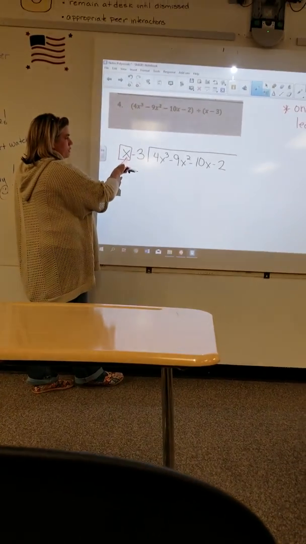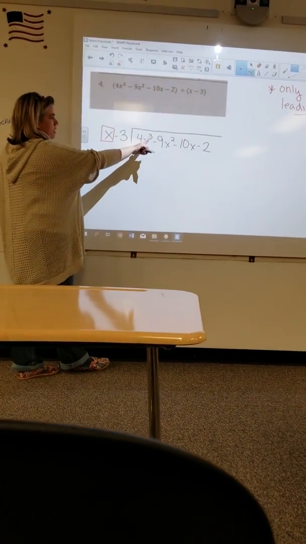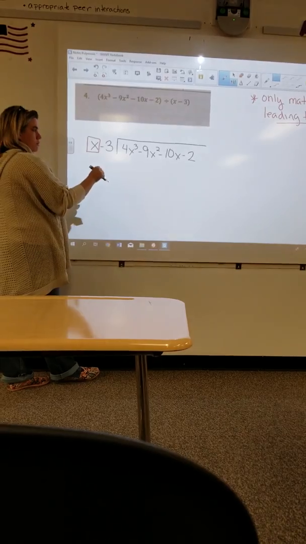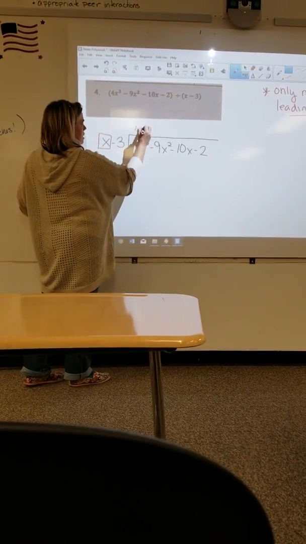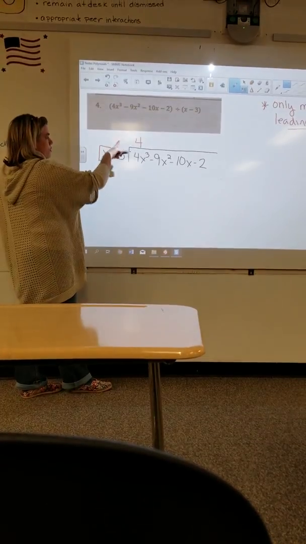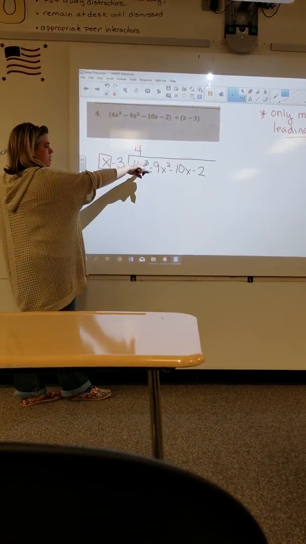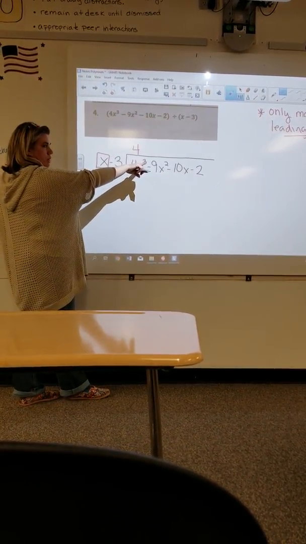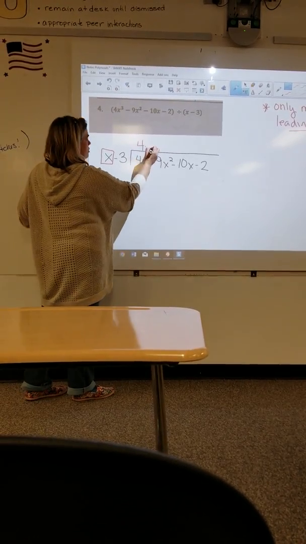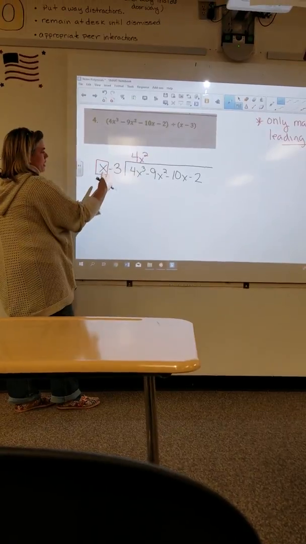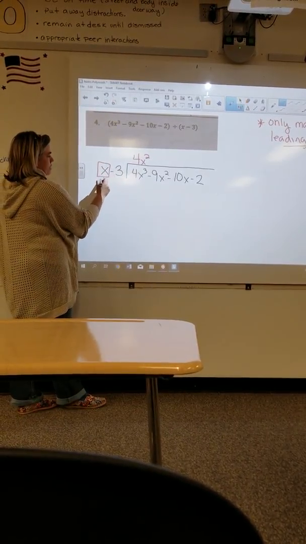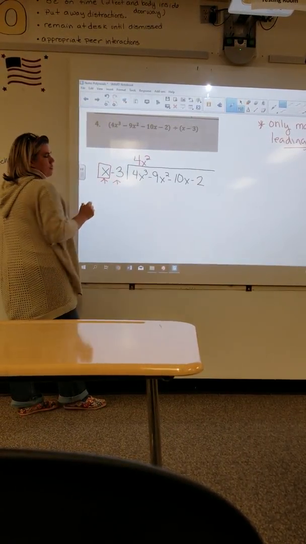So what can I multiply to x to get a 4x to the third? What's the first thing you know you're going to multiply by? I need a 4, right? So 4 times x will give me 4x. How many more do I need to get 3? Squared, or 2. Now, this gets multiplied to both terms, the x and the negative 3.